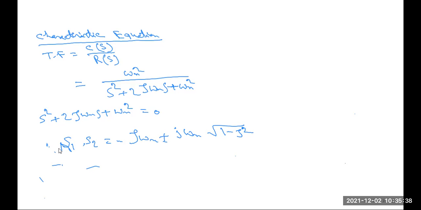Is this clear to all of you? So here this S1 and S2 are basically roots of the system.